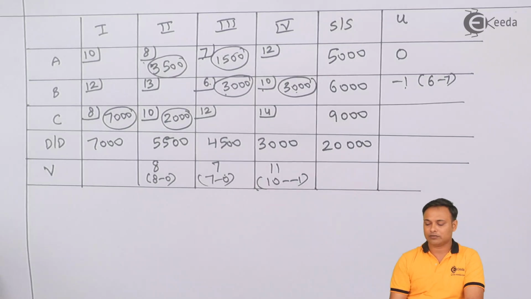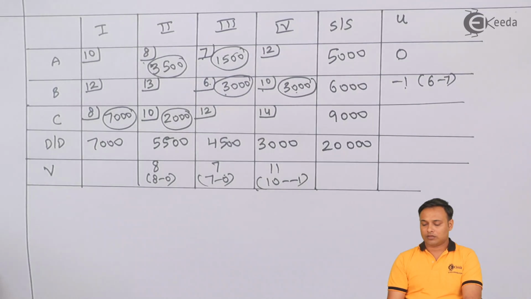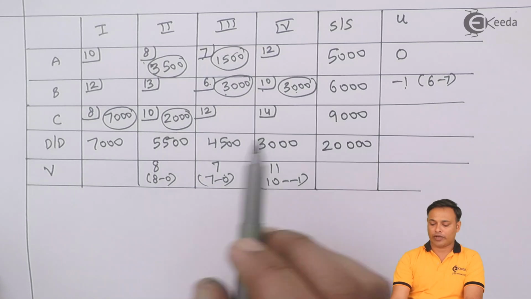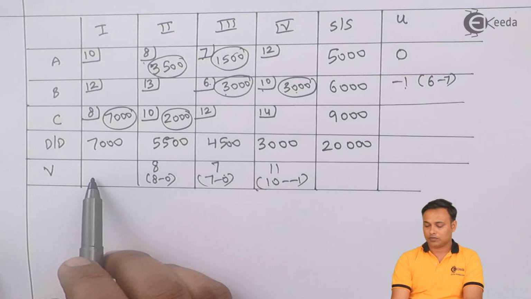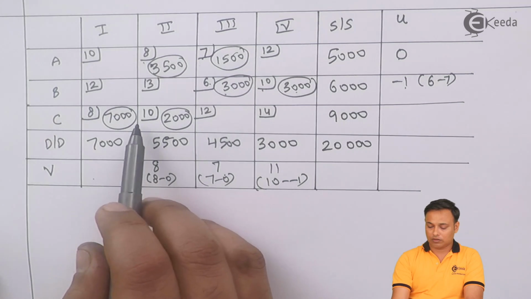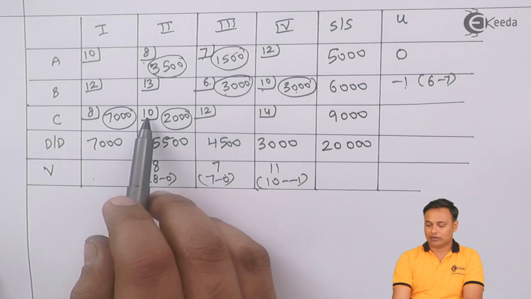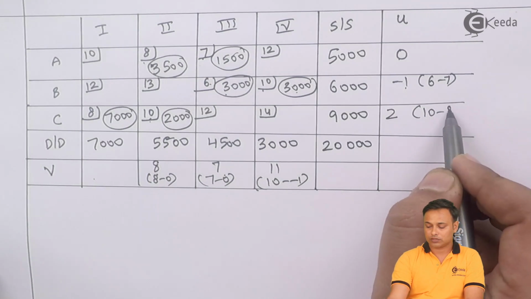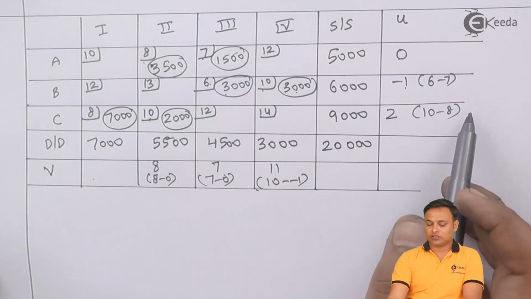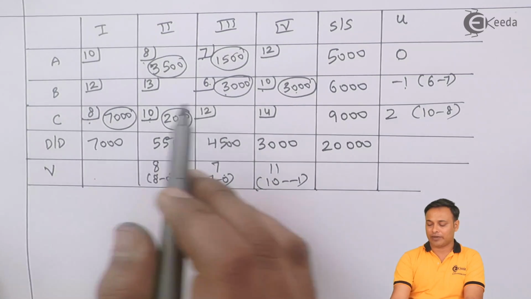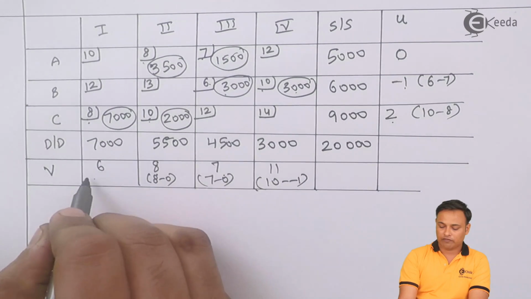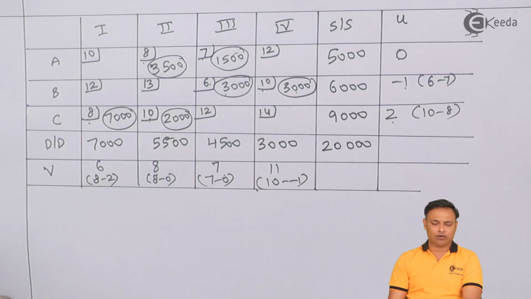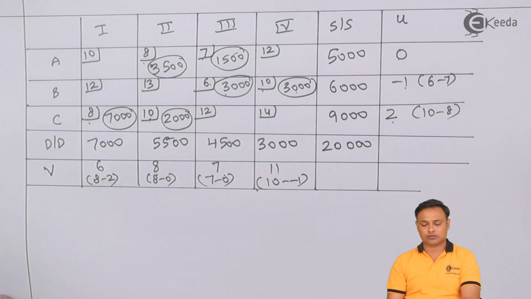It will be 11. Then we need two more values, u at last row and v at the first column. I have got this occupied cell 10, 10 minus 8 will give me 2 here. And then in this row I have got an occupied cell here, 8 minus 2, it will be 6. So we have calculated all the u and the v values.